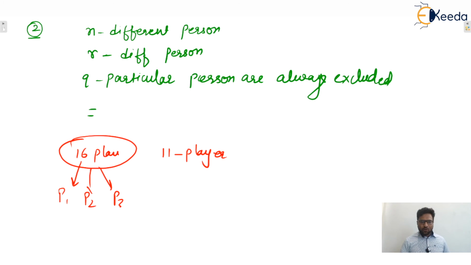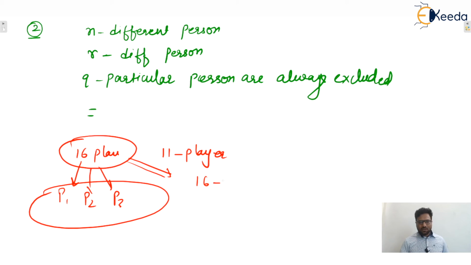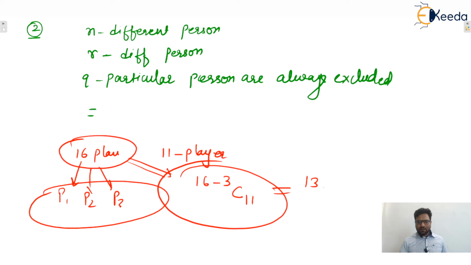So these three persons must not be in the team of 11. Remaining are 16 minus 3, and we select 11 out of these 13 players.